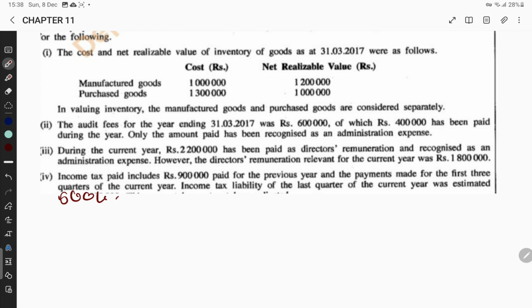Income tax paid includes 900,000 paid for the previous year and the payments made for the first 3 quarters of the current year. Income tax liability of the last quarter of the current year was estimated as 500,000.